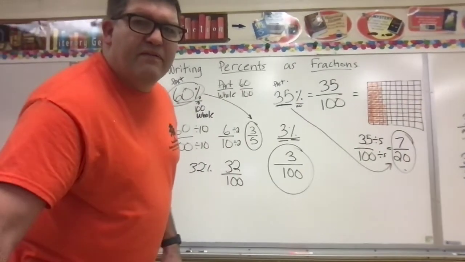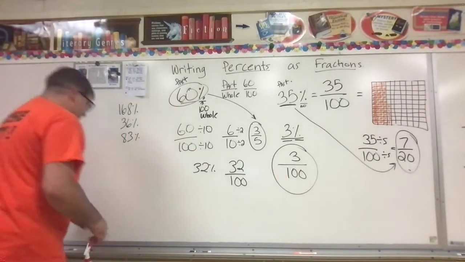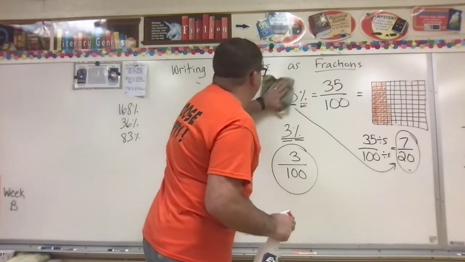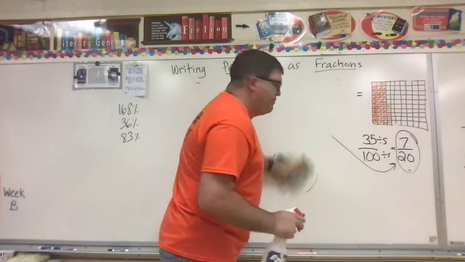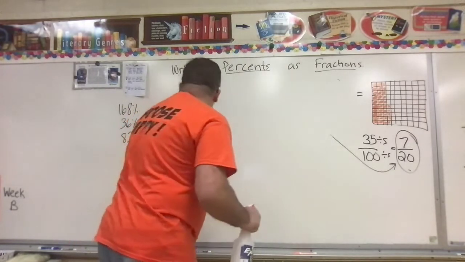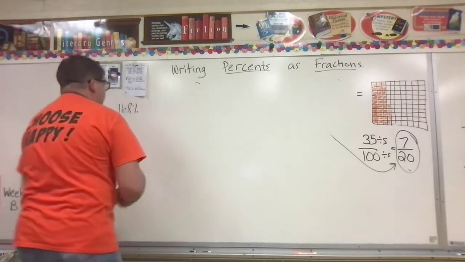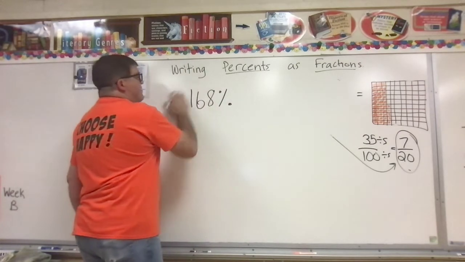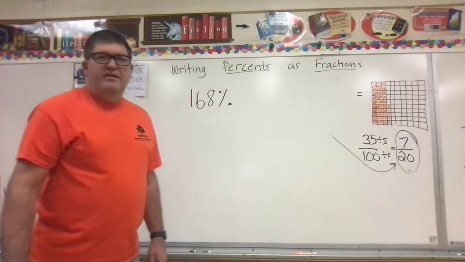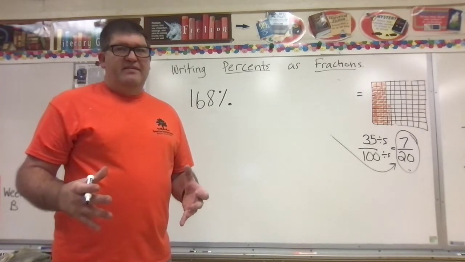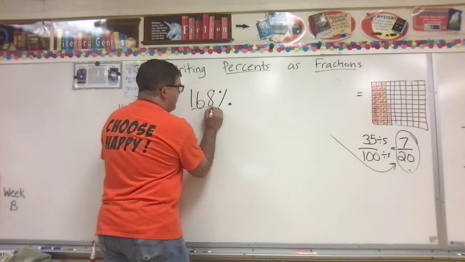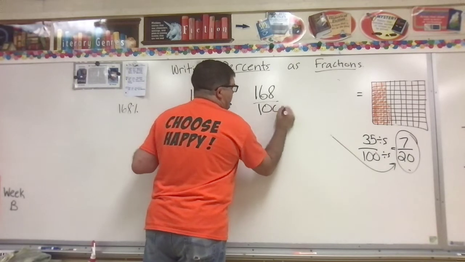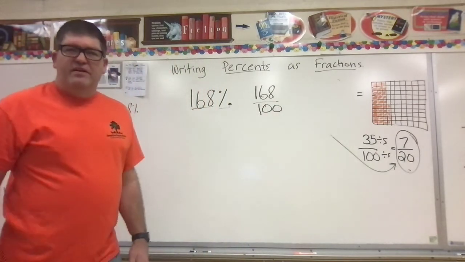Okay. I have a couple other. Oh, here, I want to show you this. Sometimes you have more than 100%. So if you have more than 100%, you need to see what that is. 168%. So I have 168%. I have more than 100%. So I take my part, 168, and there's my 100. 168 over 100.